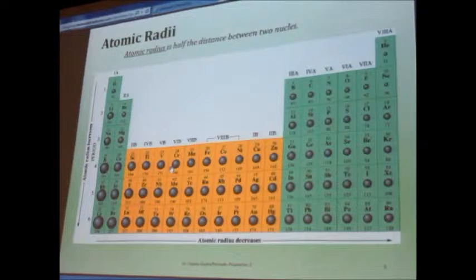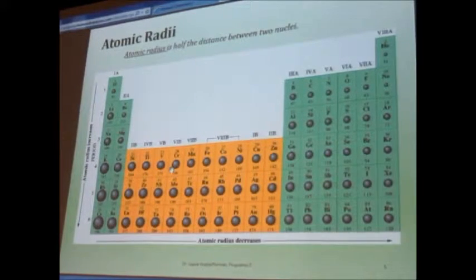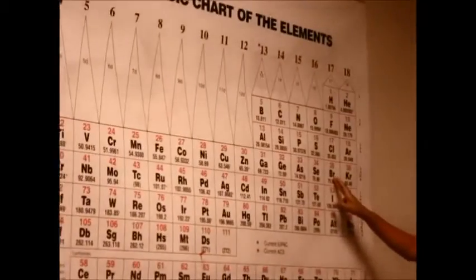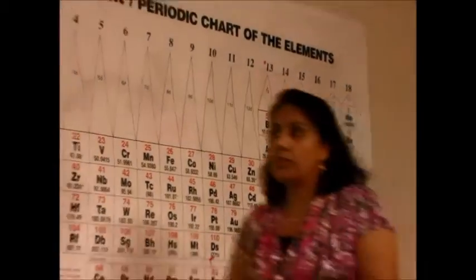And that is because the electrons are going into a new shell. You know that because as you go from chlorine to bromine, you went from the 3rd shell to the 4th shell, and so you are adding electrons to a new shell.